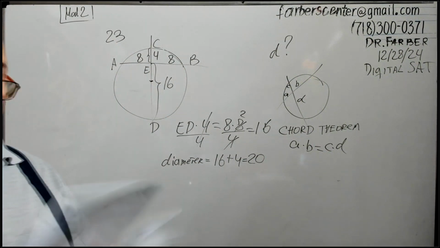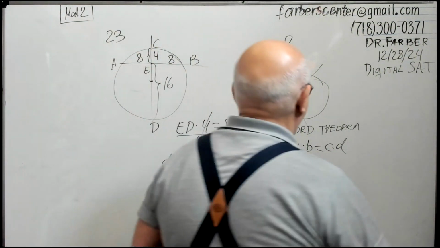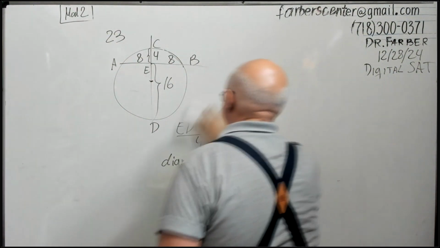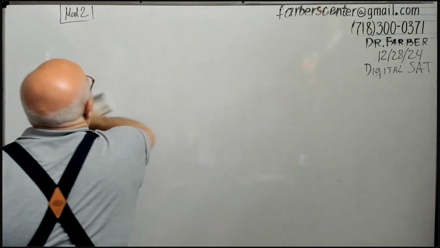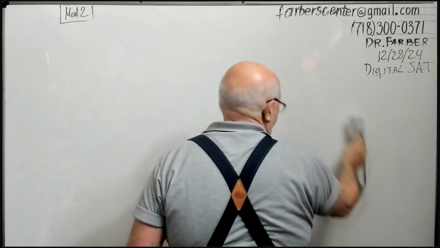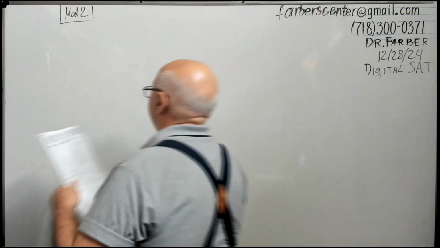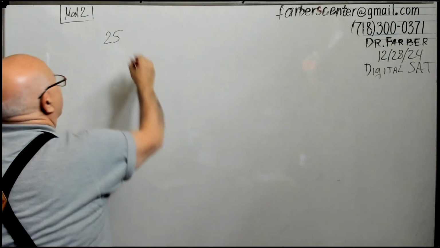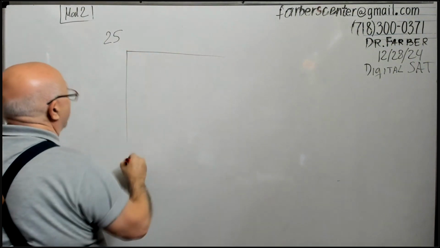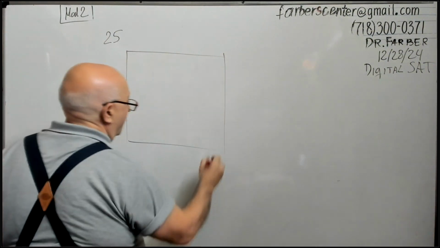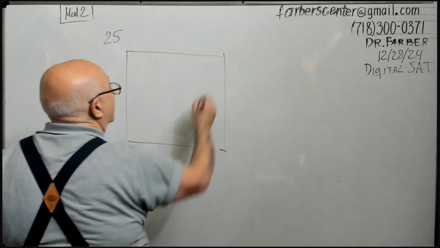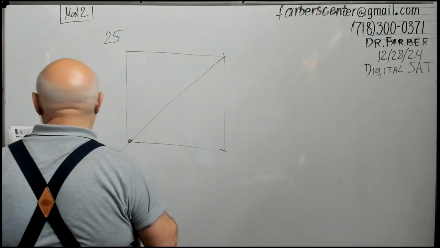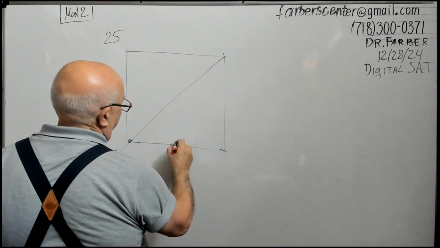Okay, 25. You have a square. And in this square, we have a diagonal. And we have a midpoint.